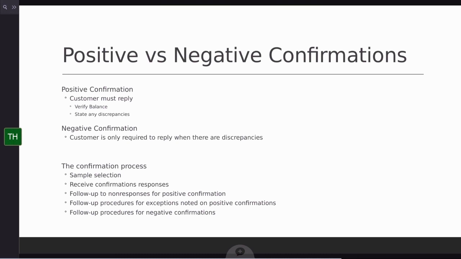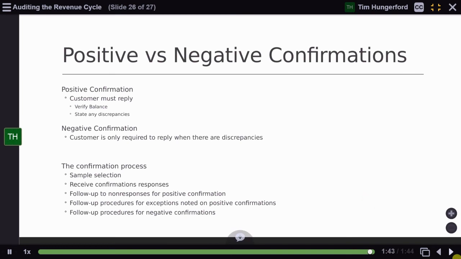What are we going to do if, for example, a big amount that we really wanted to positively confirm and they haven't sent us that confirmation? What could be some alternate steps that we could take? Then we might also have some follow-up procedures for negative confirmations in similar situations, just some large ones. They didn't reply. We just want to feel much better that that is a good number. What could we potentially do to mitigate our concerns related to that?